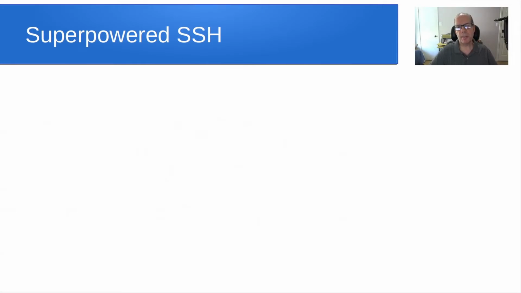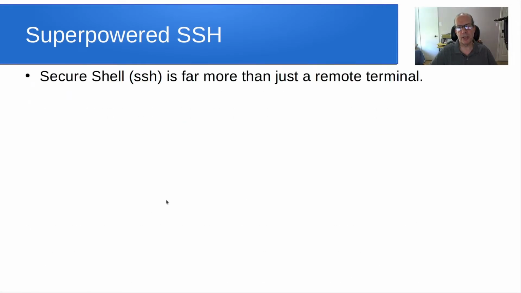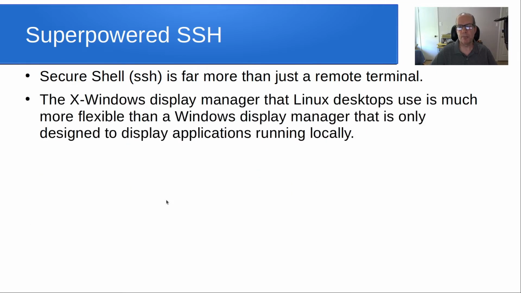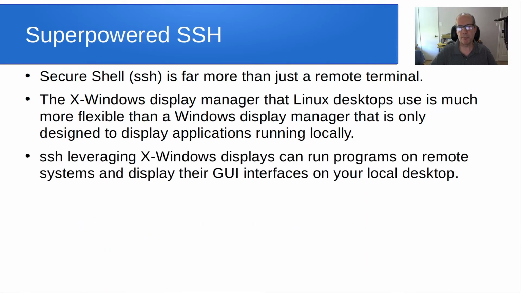Today we want to talk about Superpowered SSH. Secure Shell is far more than just a remote terminal. The X Windows Display Manager that Linux desktops use is much more flexible than a Windows Display Manager that is only designed to display applications that are running on your local desktop. SSH leveraging X Windows displays can run programs on remote systems and display their GUI interfaces on your local desktop.